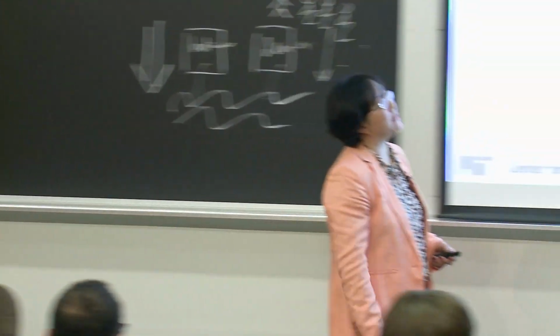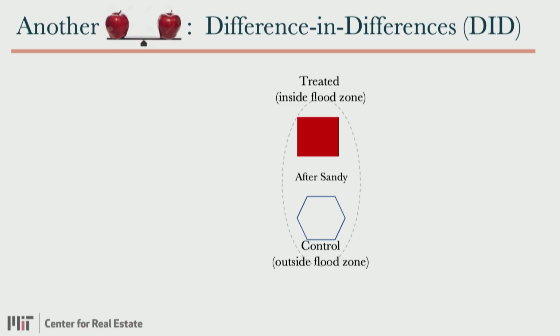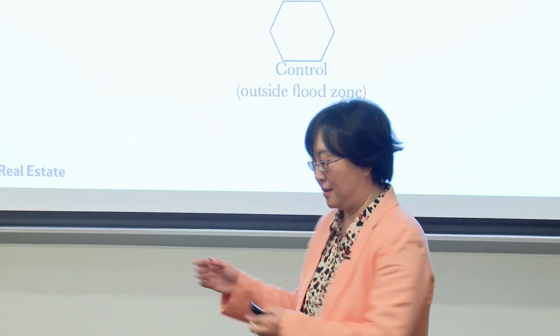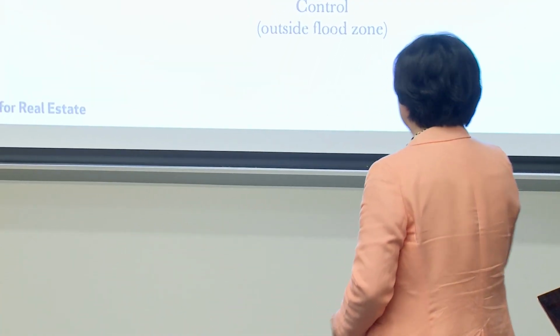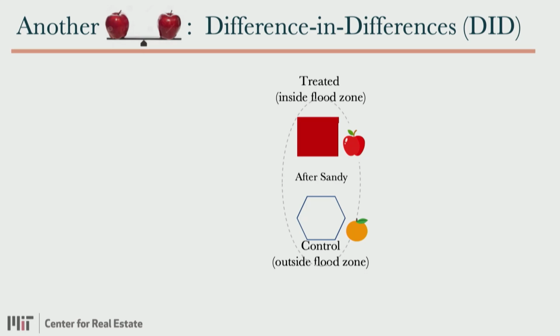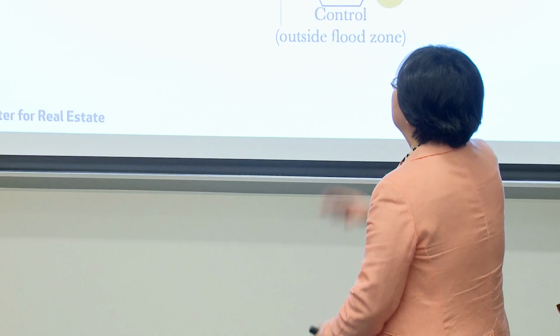Now, today, the second one is DID. I'm going to use a very intuitive way, apple and orange, to show it so that you can understand. Just now we already said there are two different animals. One is apple, the other is orange. We cannot directly compare them, that will lead to bias. We showed the bias. Okay, now we have a way.